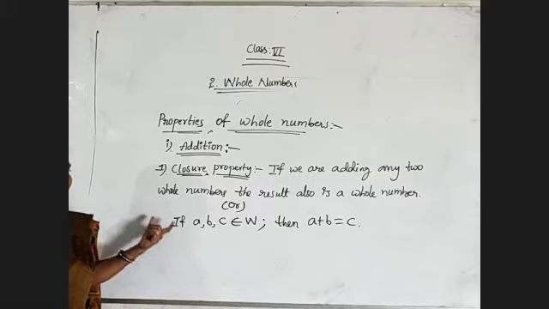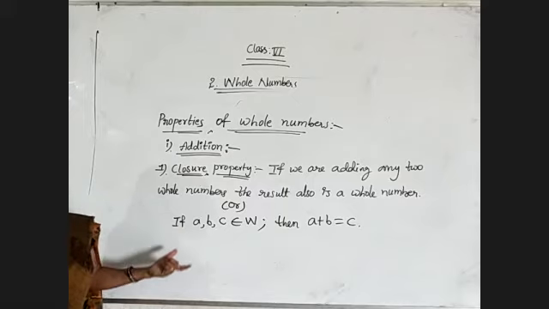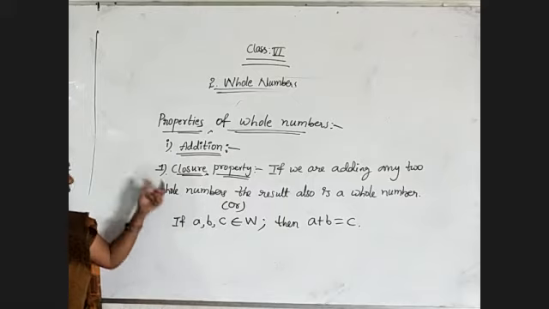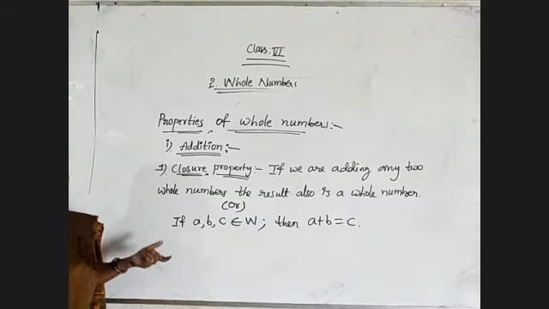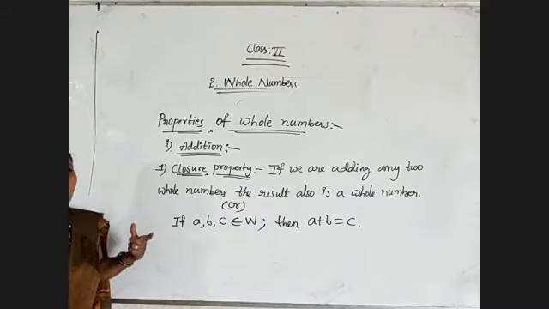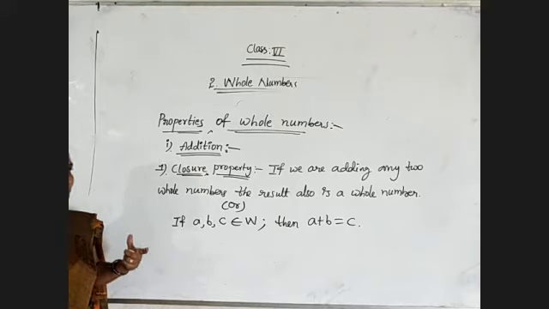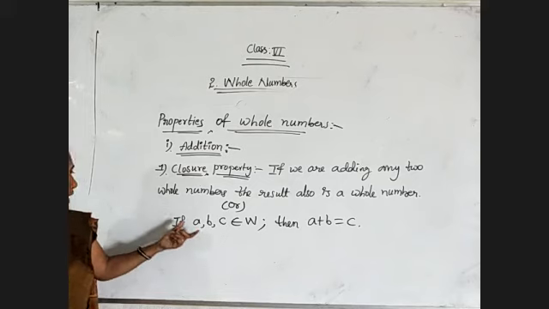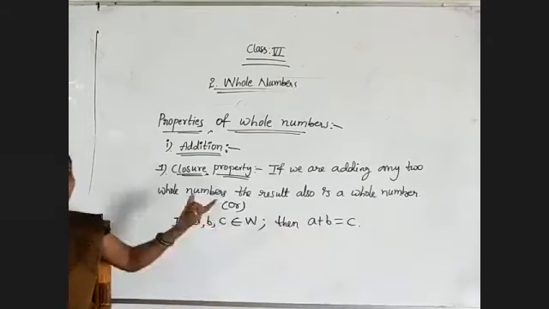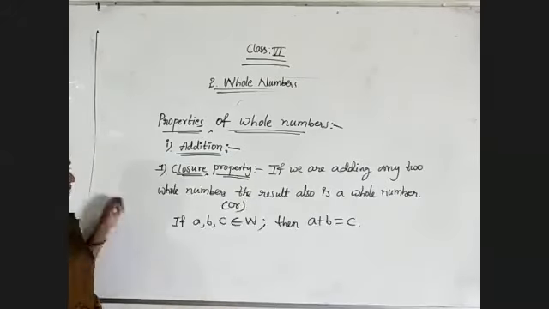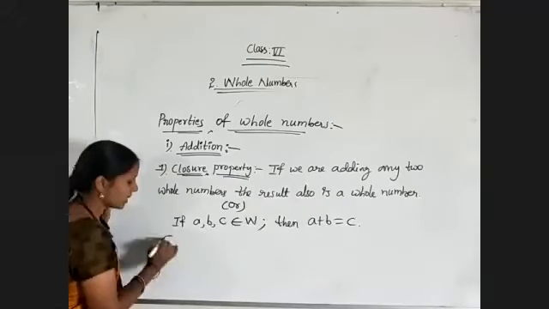Very easy and important, because these are the basic things. In every class further on, you are going to get the properties. All these properties are very useful for your math calculations in further classes. Now, A, B, C belong to whole numbers, so A plus B is also a whole number. Now, an example for this statement.